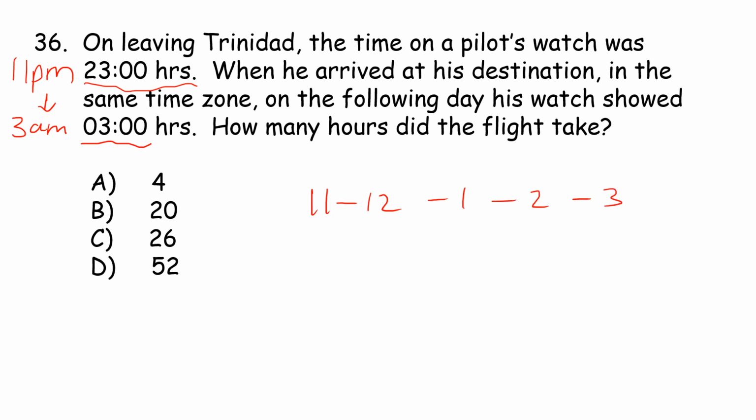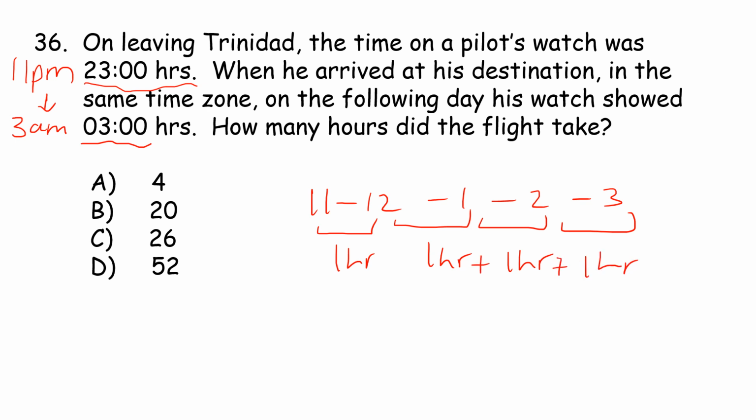From 11 to 12, that's 1 hour. 12 to 1, that's another hour. 1 to 2, another hour. And 2 to 3 is another hour. So we add all of that up, and we're going to get 4 hours. So the answer is A.